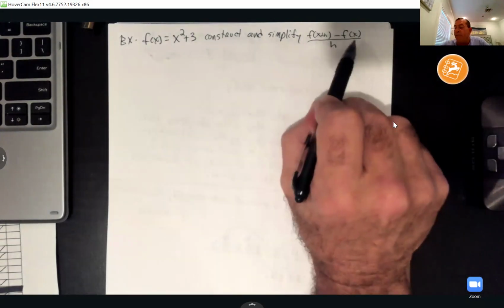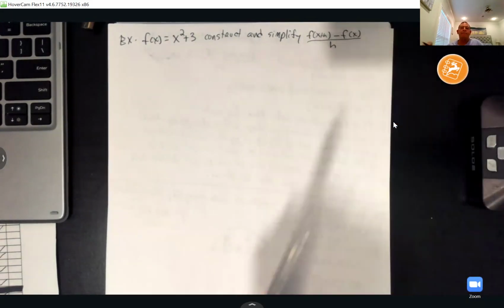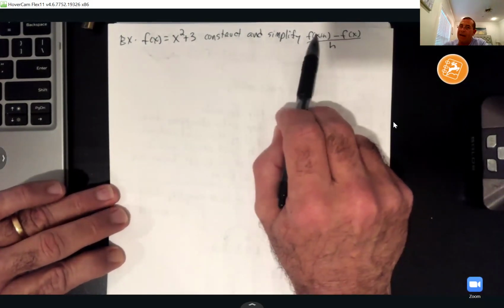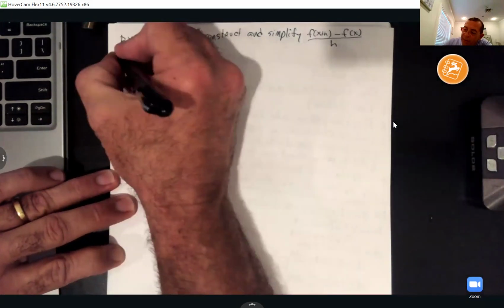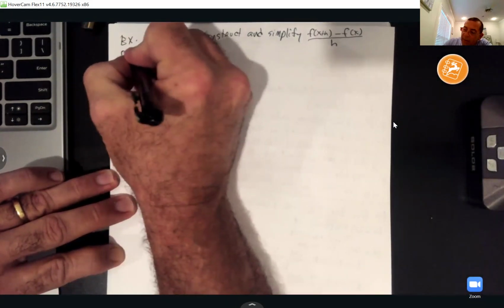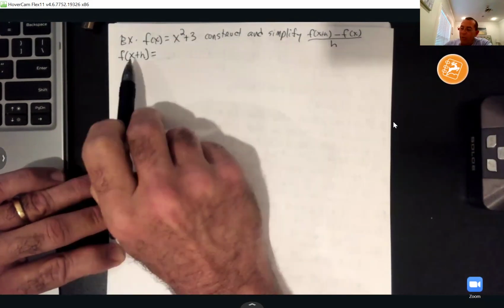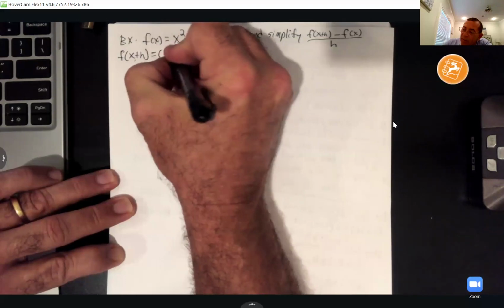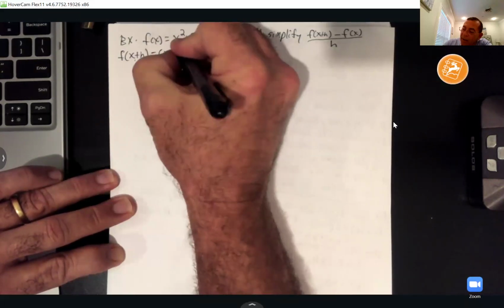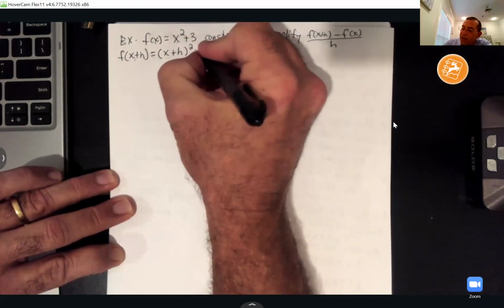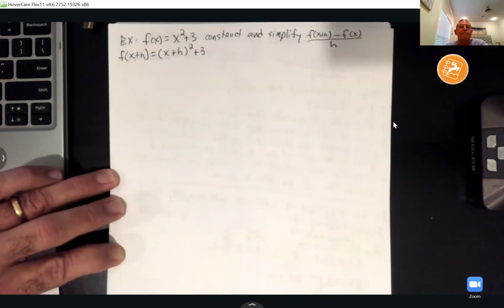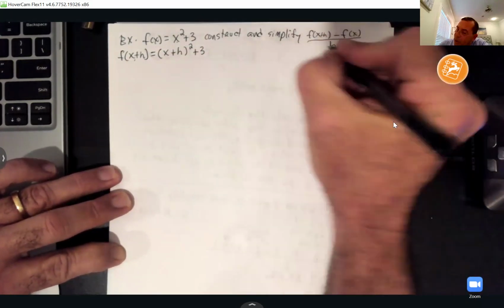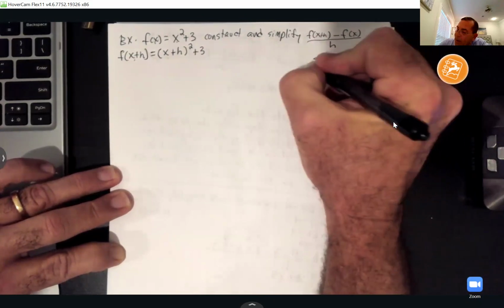Now, they will give you the formula every time on this, okay? So I've got f of x already. I've got h already. We got to find f of x plus h. So y'all put the x plus h in place of the x. You're going to have x plus h squared, and then at the end is a plus 3. So we're squaring x plus h. I'm going to do that on the side over here.